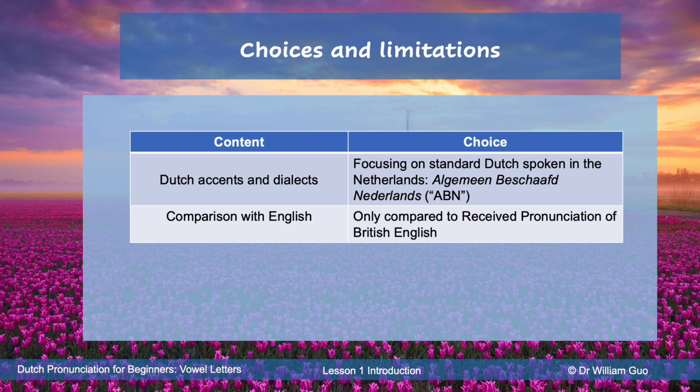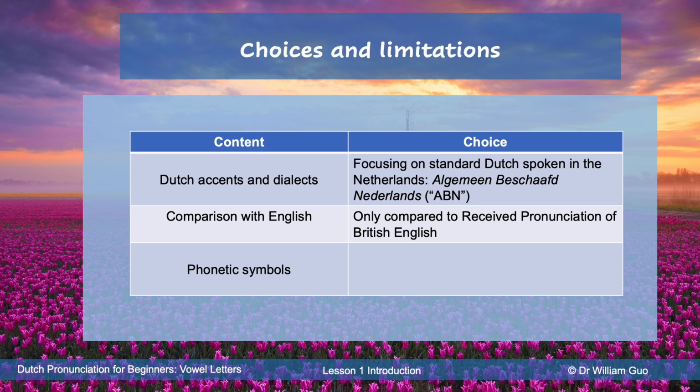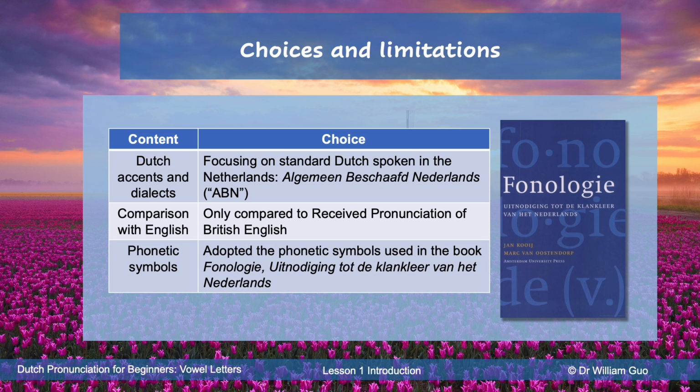The last thing that I'd like to mention in this video is the use of phonetic symbols. In the book and the accompanying video courses, phonetic symbols are placed in square brackets to indicate the pronunciation of the various Dutch speech sounds and the example words. I've adopted the phonetic symbols used in this book, published by 2 Dutch phonologists.